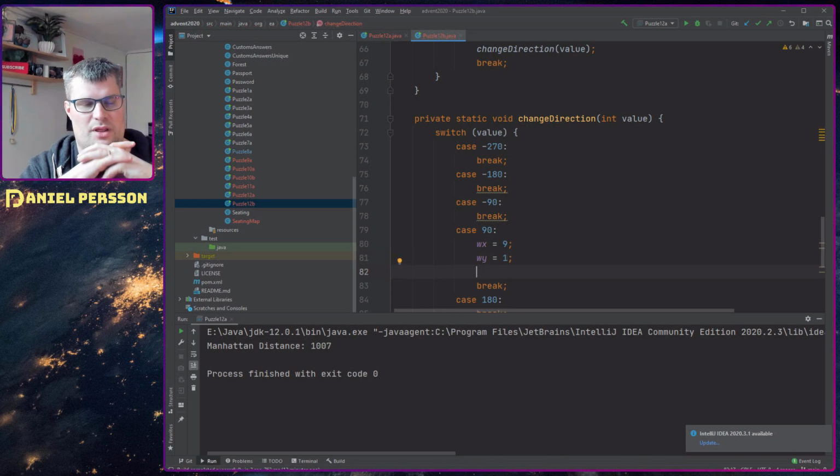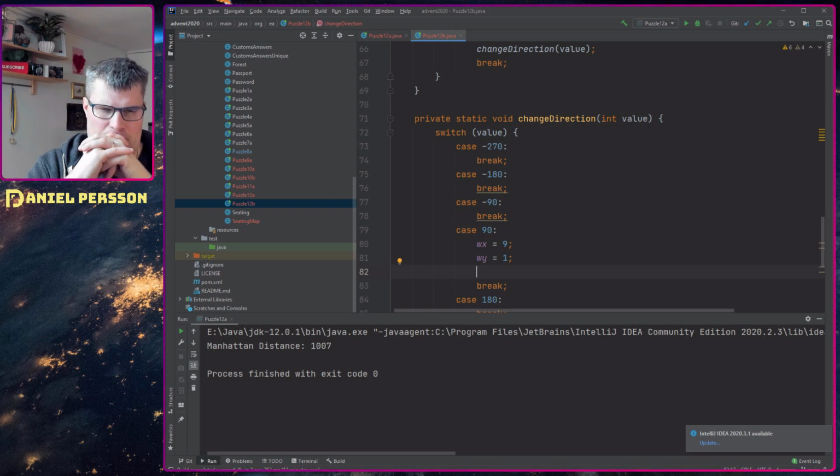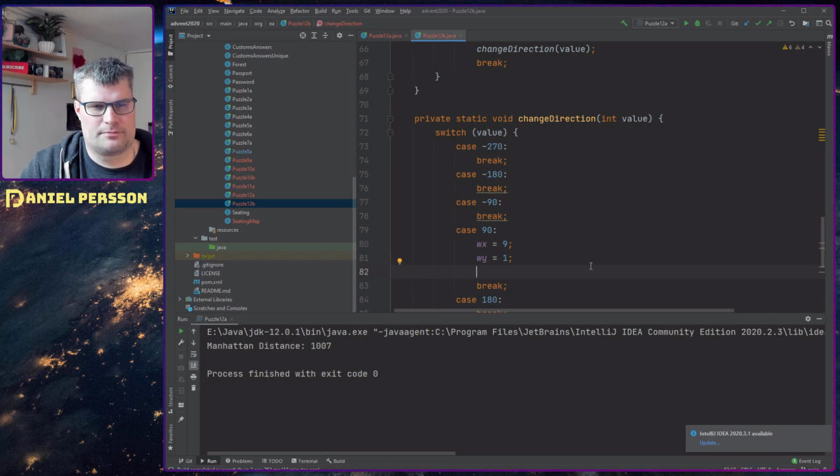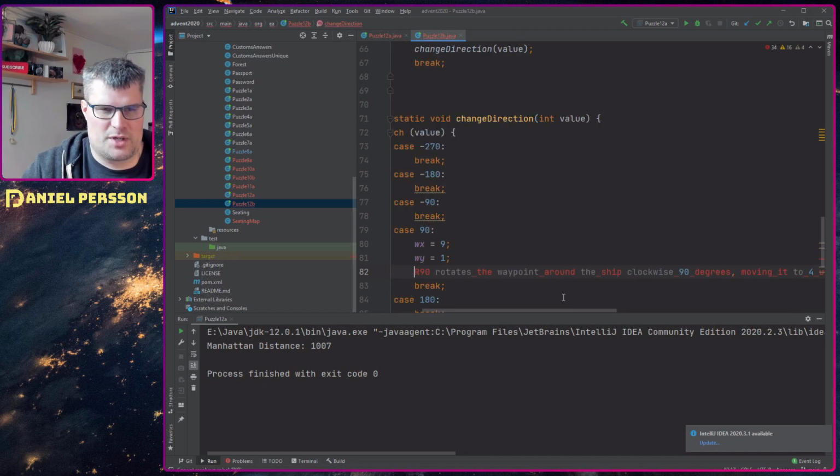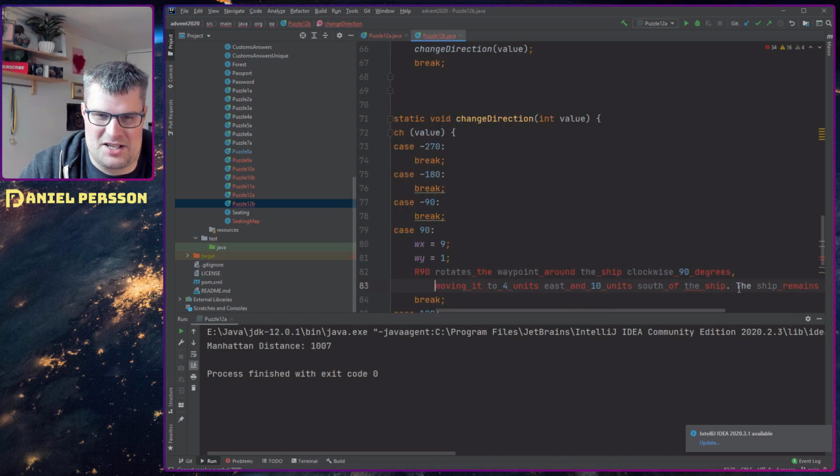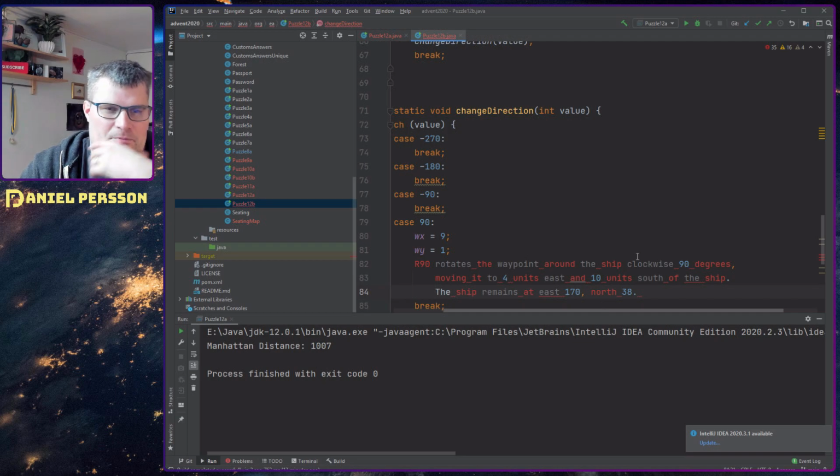What happens with these values? We want to rotate them, and let's copy this one and see if I can figure this one out.